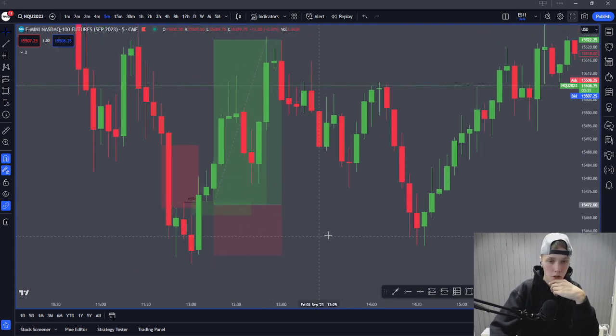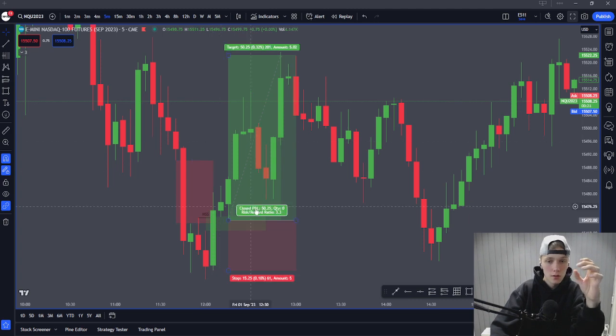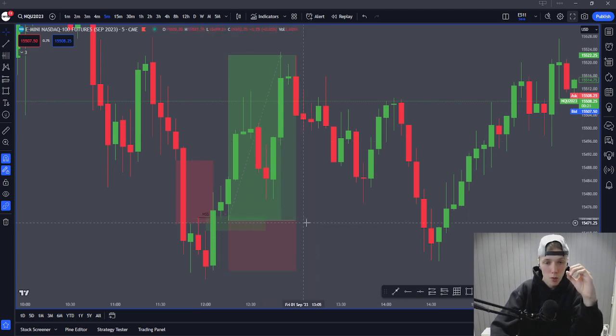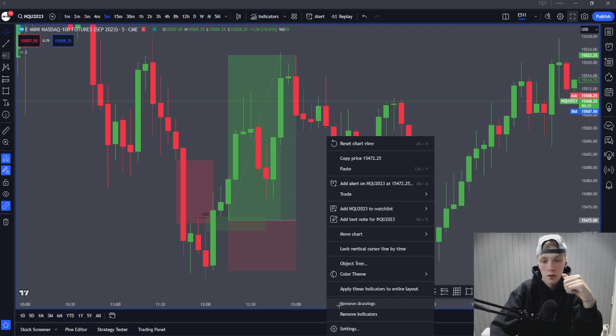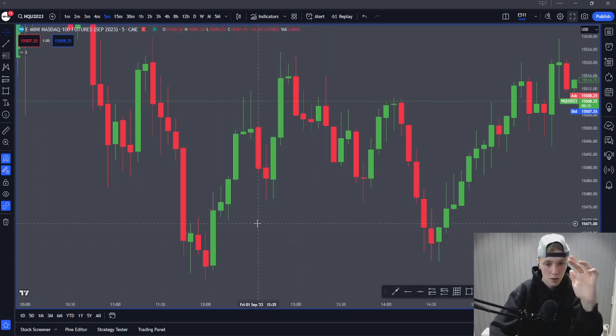But this is a market structure shift. It's when a swing point gets turned into an intermediate term and then the market displaces over it. That is an immediate market structure shift. So you know for a fact, if you're on the 5-minute chart, not on the 1-minute chart, that the market is going to reverse.